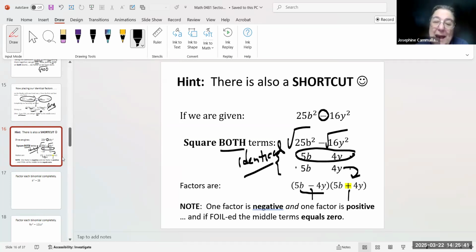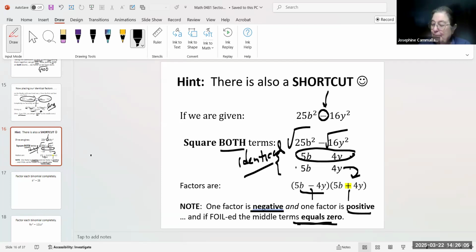We normally put the minus first because this is a binomial with a minus. But can you switch them around and put plus and then minus? Yes. But one factor must be negative, one must be positive, and when you FOIL, you got to get 0 in the middle.